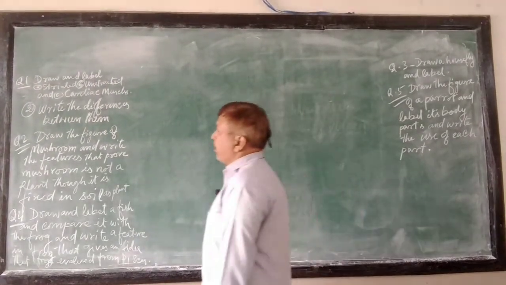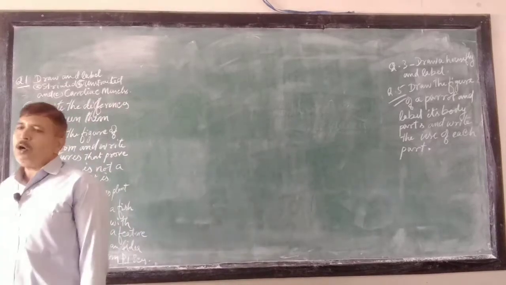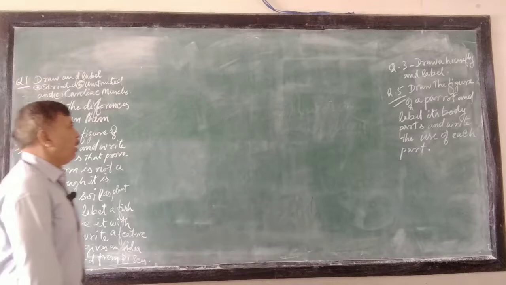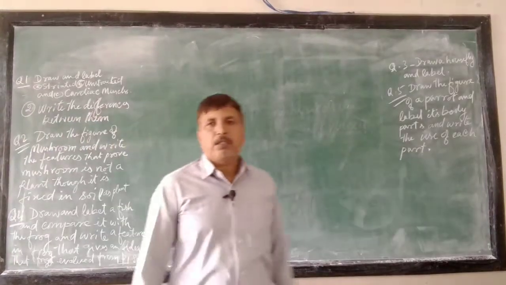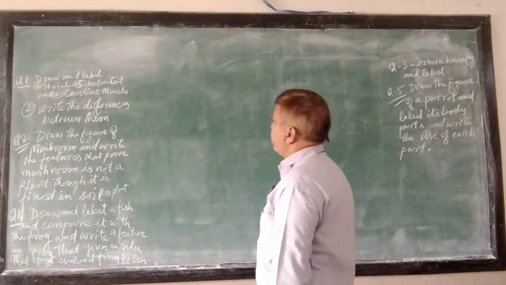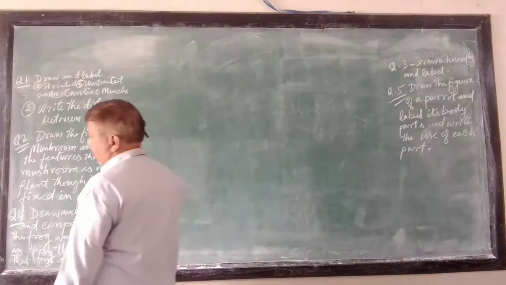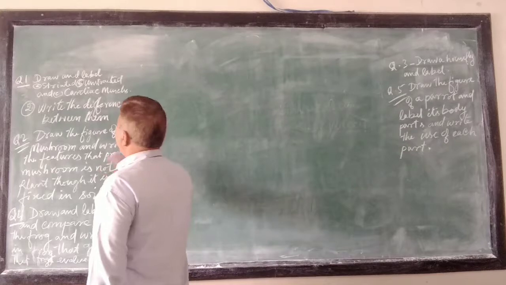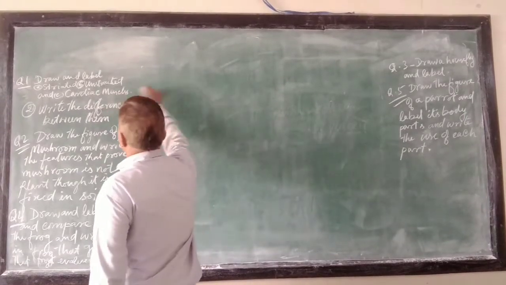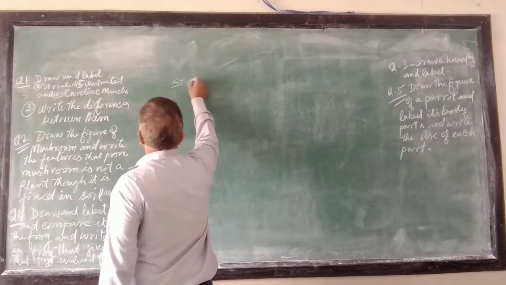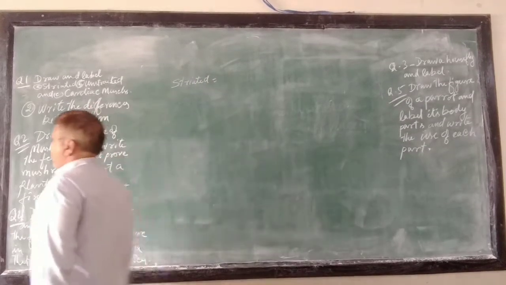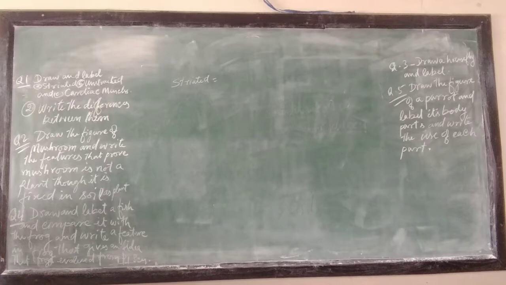Question number 1 you are given in your assignment is draw and label striated, unstriated and cardiac muscles. Very simple. You have to draw the muscles. Clear? You know, the name striated is taken from the word striations.